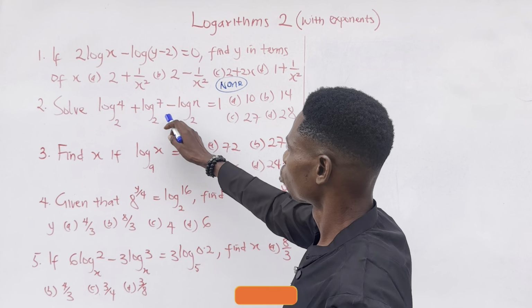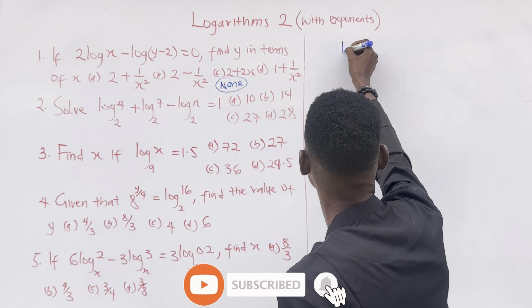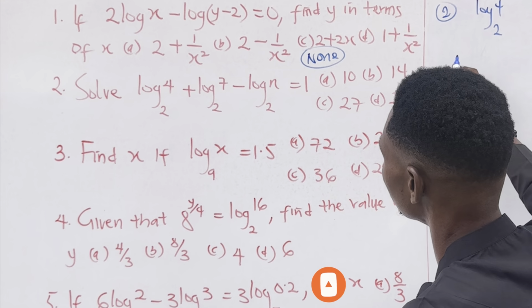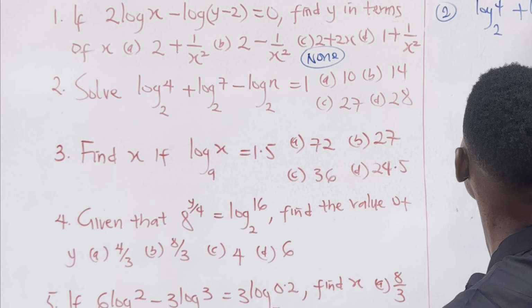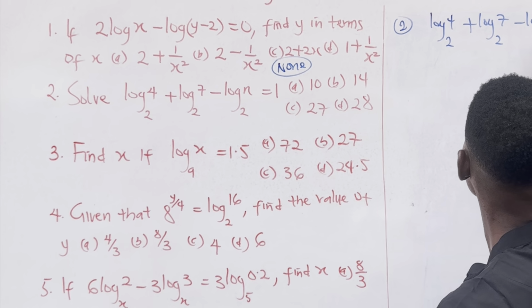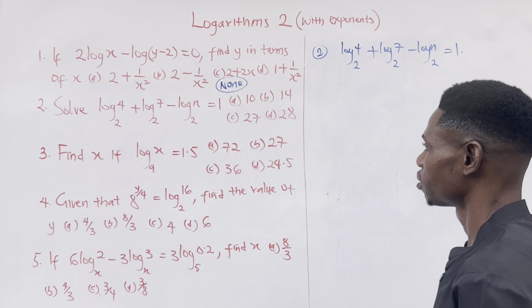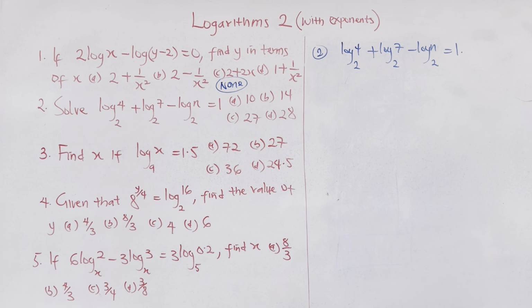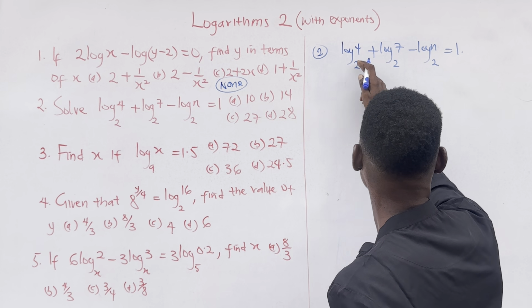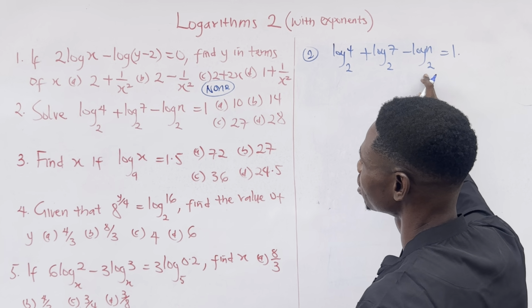For number 2, what we have is log 4 base 2 plus log 7 base 2 minus log n base 2 equal to 1. Following the same law, we can combine all the logs since the bases are the same.